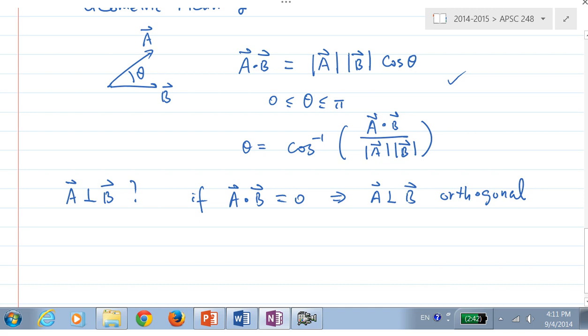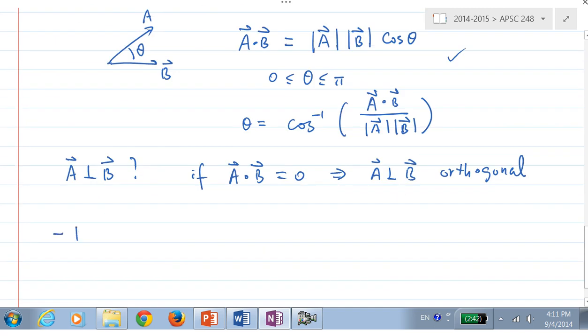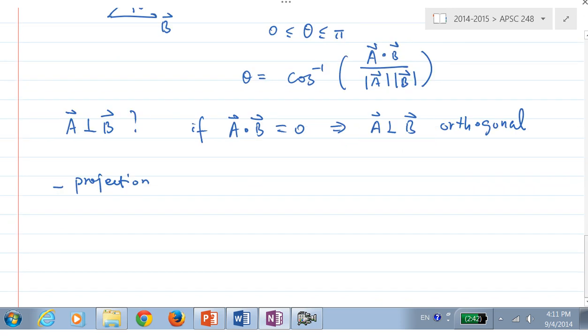All good? Okay. The next application of a dot product we'll look at is projection. Projection is something that often arises. Let's say you study dynamics, and you want to know, the car is over here, traveling at a certain speed along this curve.